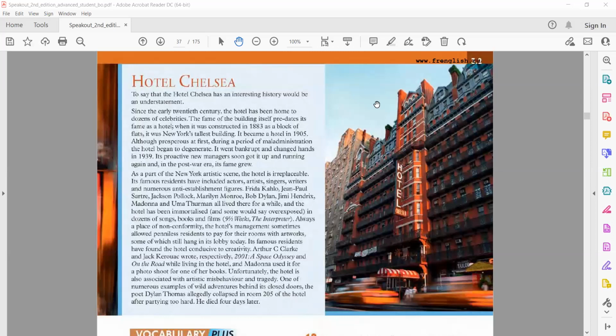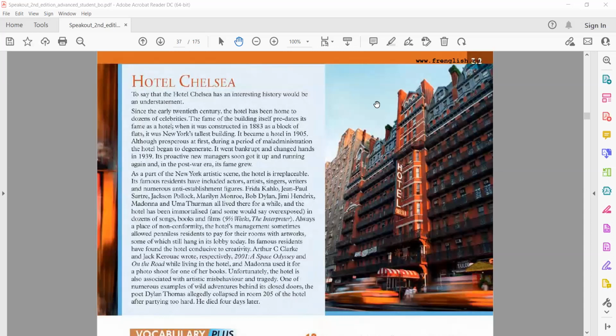The fame of the building itself predates its fame as a hotel, when it was constructed in 1883 as a block of flats. It was New York's tallest building. It became a hotel in 1905.